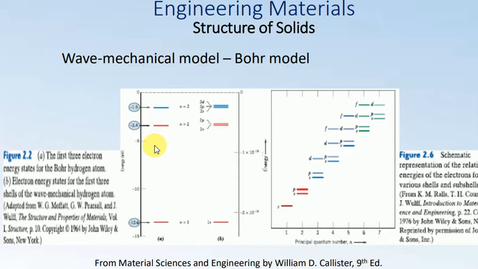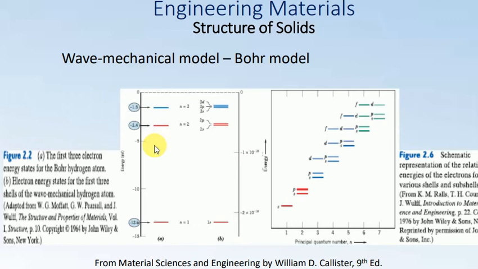So what we can say, looking at figure 2.2 and comparing A and B, energy levels for hydrogen electron in Bohr and wave mechanical model show us for Bohr model only one fixed energy value for electron.